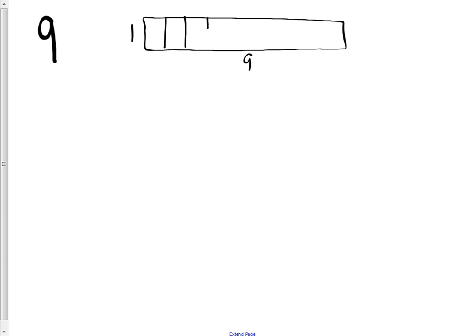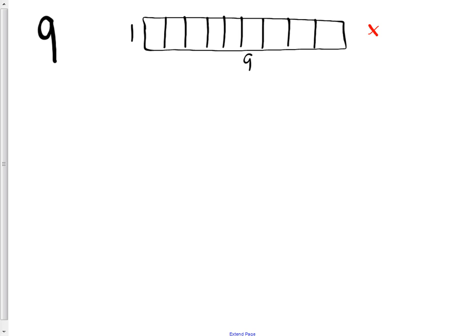So if we take the number 9 and we make 9 little cubes, we know that we can arrange those cubes in different orders. So one way I can arrange them is by drawing a rectangle that is 1 by 9. So 1, 2, 3, 4, 5, 6, 7, 8. Okay, there we have a rectangle that is 1 by 9. That is not a square.